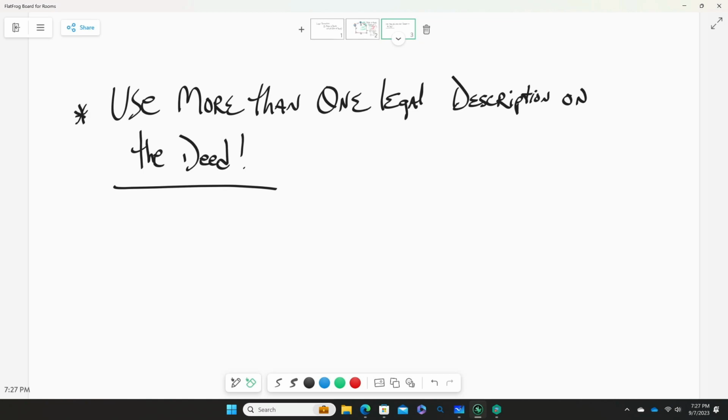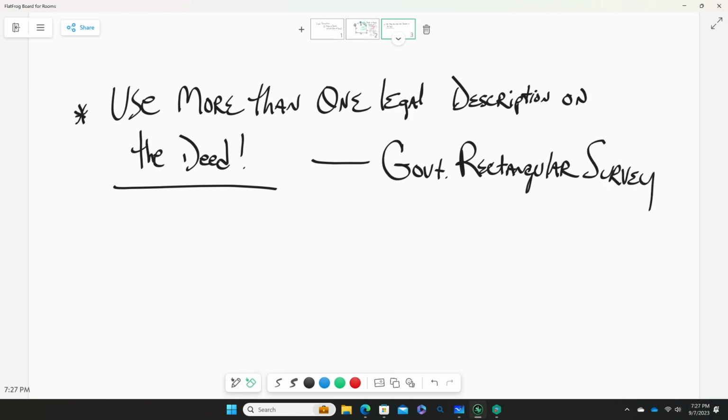Keep that in mind. That could be a test question. In other words, I just showed you the government rectangular survey system that we're going to talk about next, and the metes and bounds. So you could have two legal descriptions.